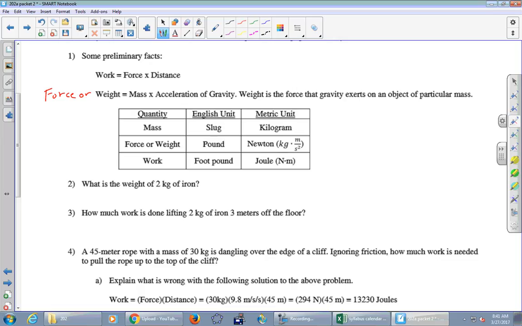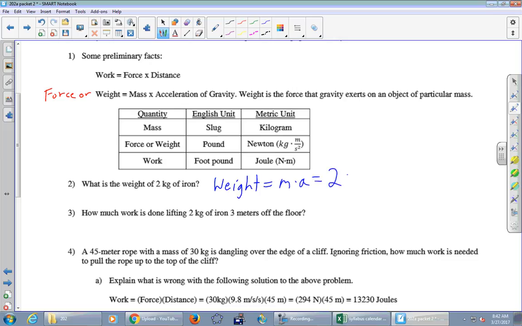So let's start with a non-calculus question, number 2. What is the weight of 2 kilograms of iron? Kilograms is a mass, so we've got a 2 kilogram mass, and we want to know how much it weighs here on Earth. So we'll just use our formula up there. Weight is equal to mass times acceleration. Mass is given as 2.